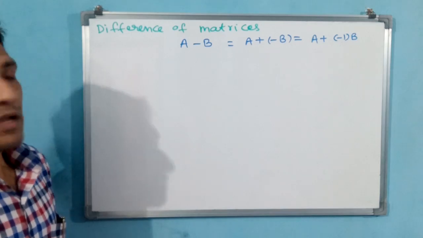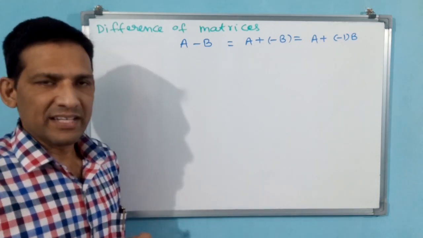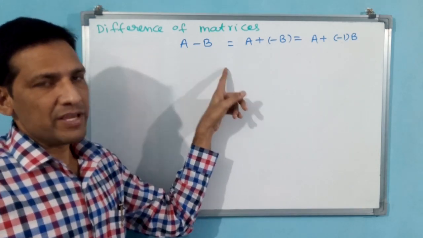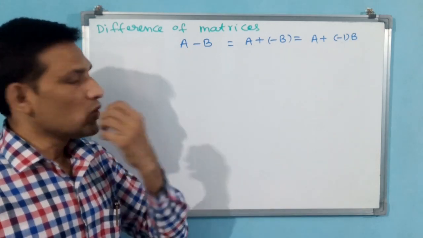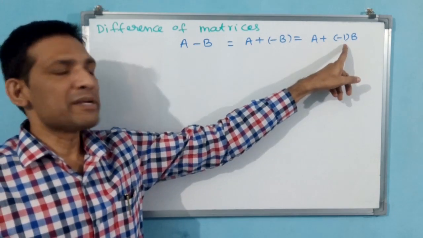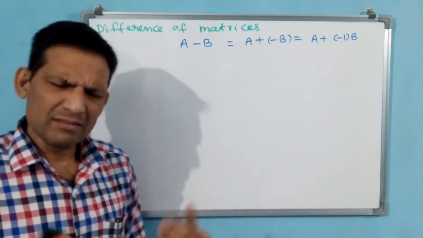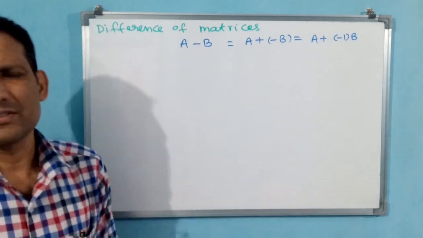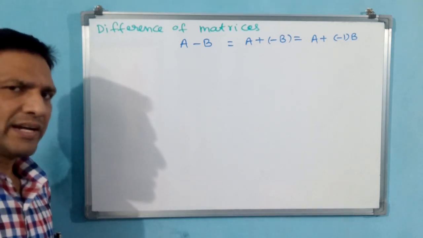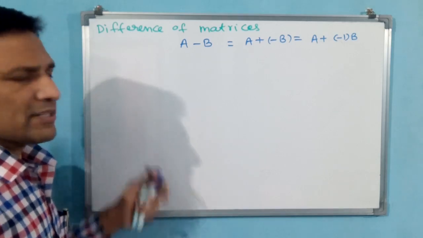A minus B, how are you writing? One matrix B is there already, but that B you have to subtract from A. Then what are you going to do? You make that B into negative B by multiplying by minus 1. This is the procedure, but practically, you can directly subtract A minus B. There is no bar. You can write it directly also, but you should have some experience. That's all. Let us do it.